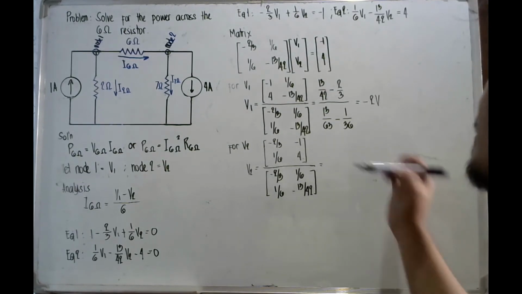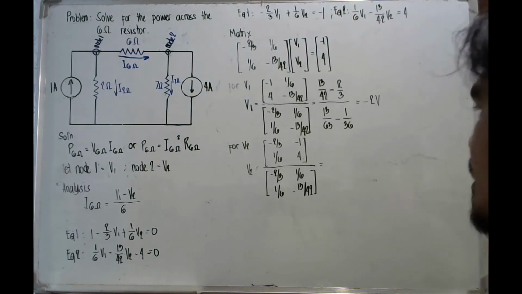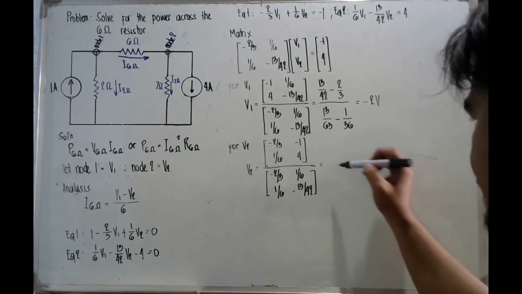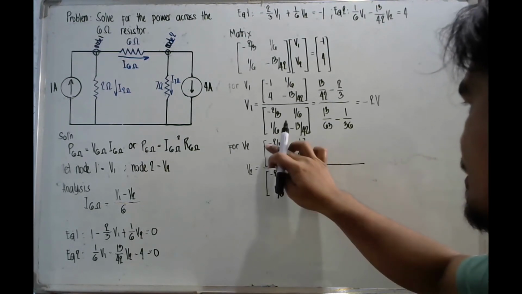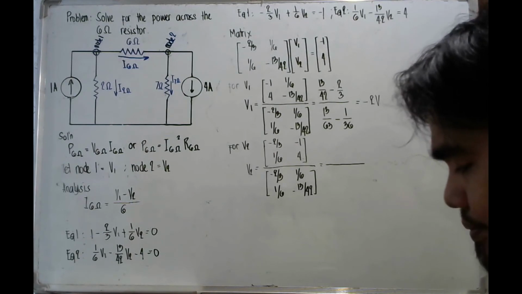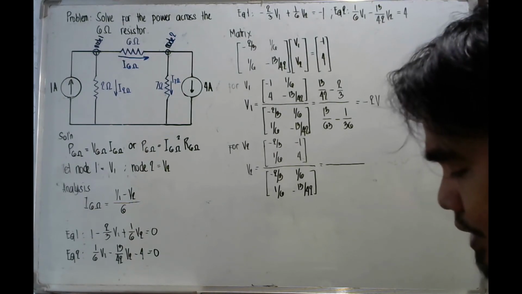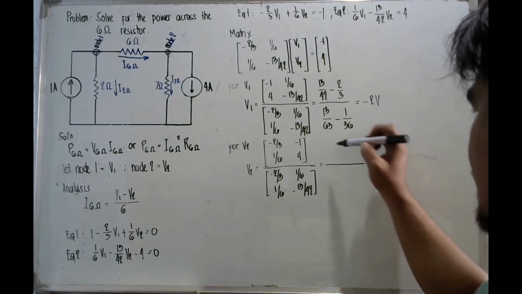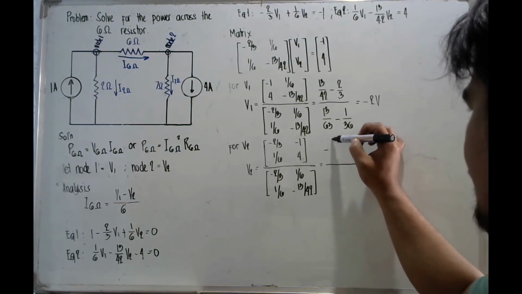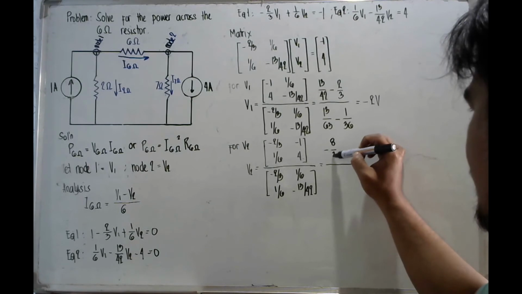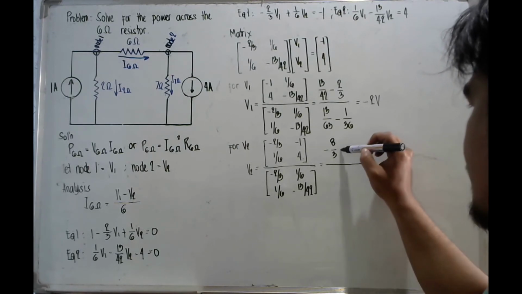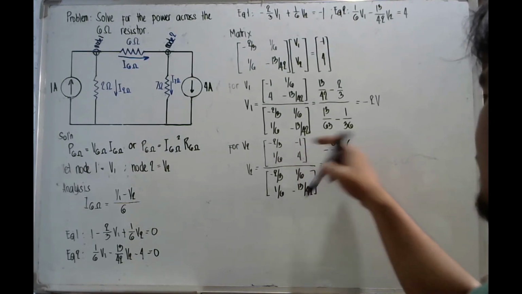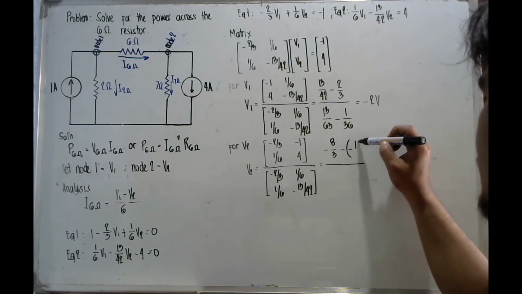Then solve for the determinants. You have negative 2/3 times 4, so that is negative 8 over 3, minus 1/6 times negative 1, so that is negative 1/6.